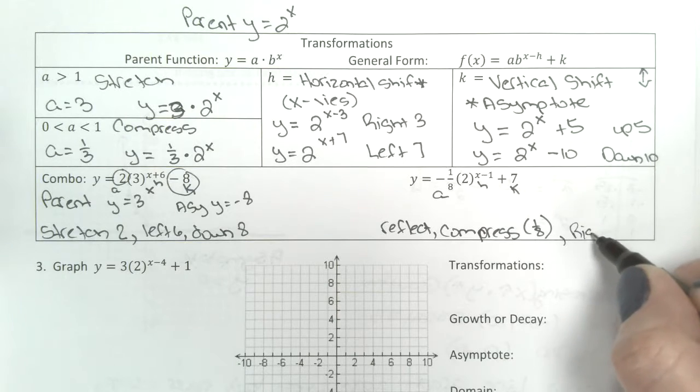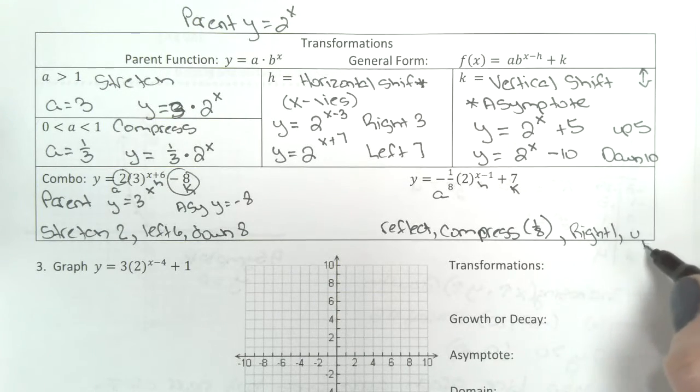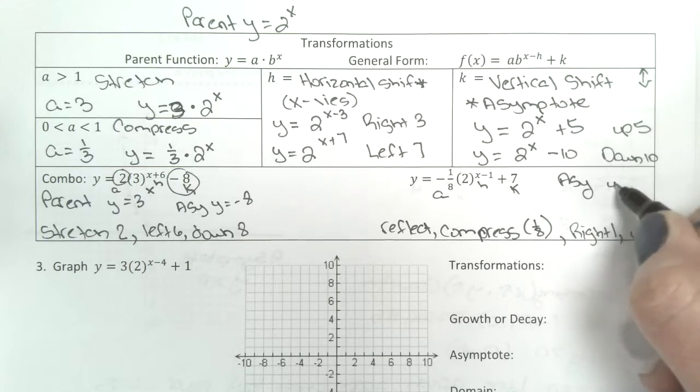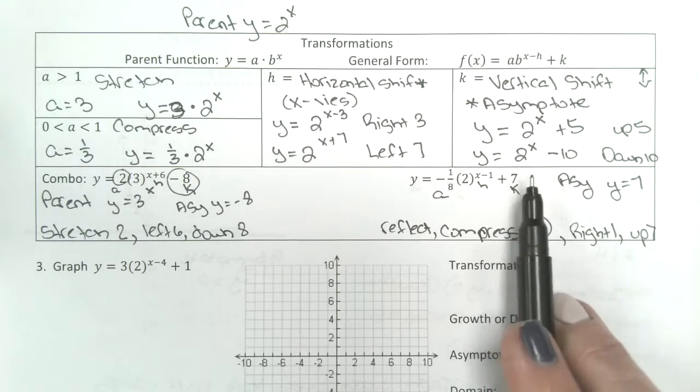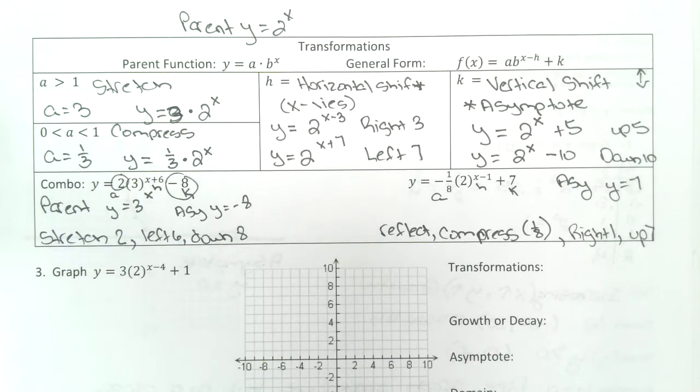That means it went right 1. And that plus 7 off at the end means that your graph went up 7. This number off at the end tells you your asymptote. I know that I have an asymptote at y equals 7 just by looking at it.